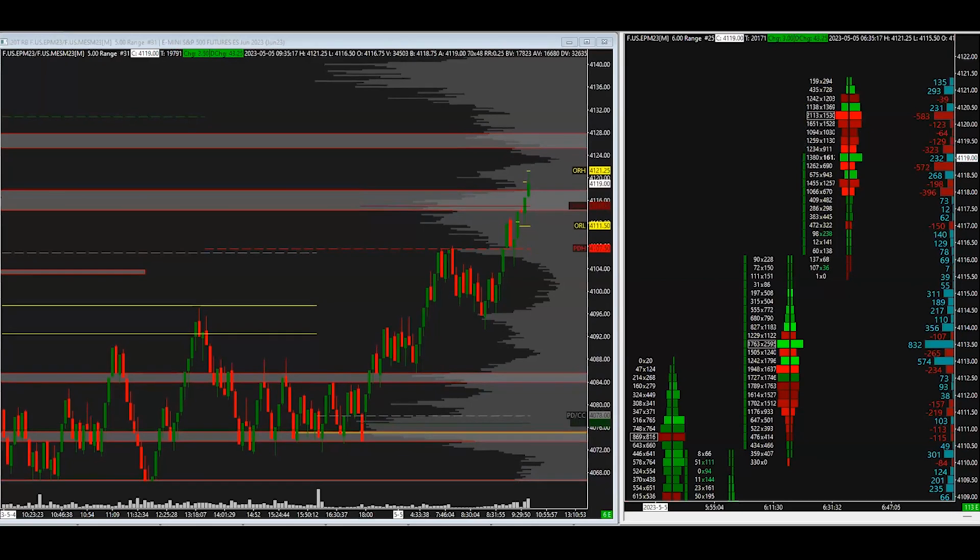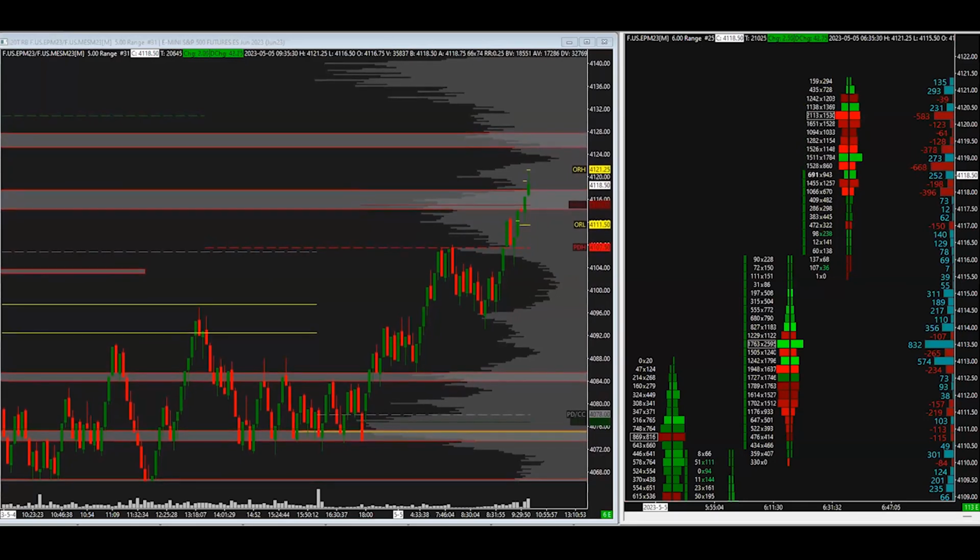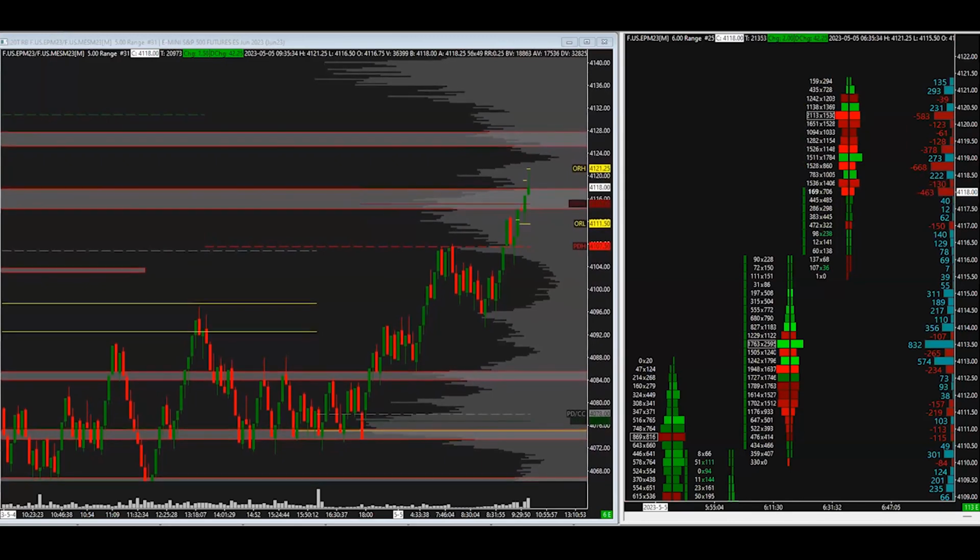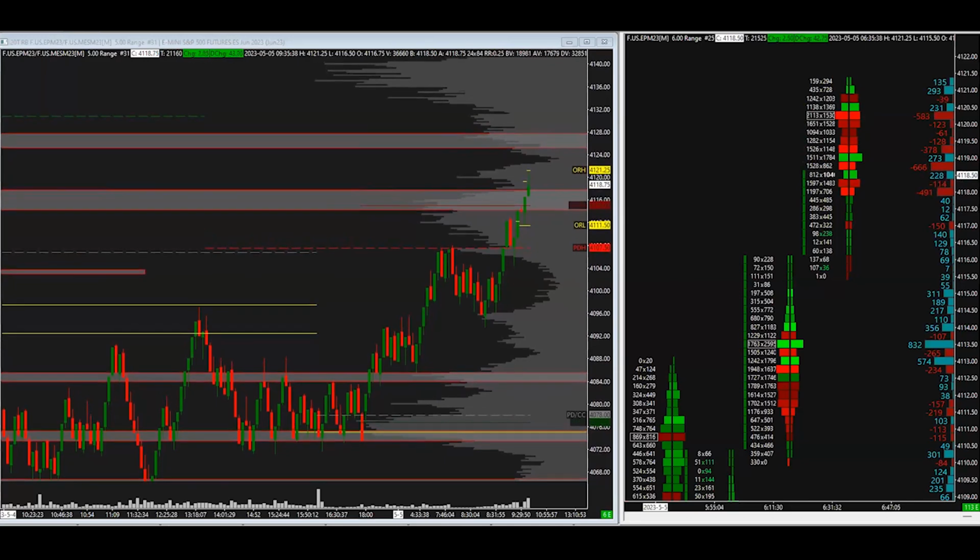I'm not going to reverse the position though. I might try to add, but I don't want it to roll into 22, 24 touch there and then stop me out. I'd rather try it a little bit higher. Might not get it.